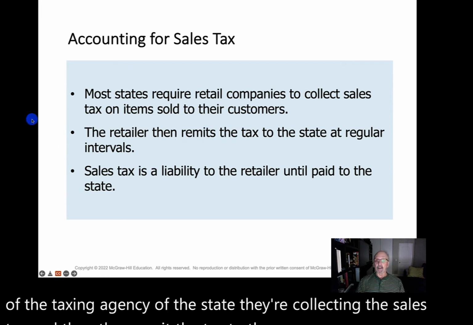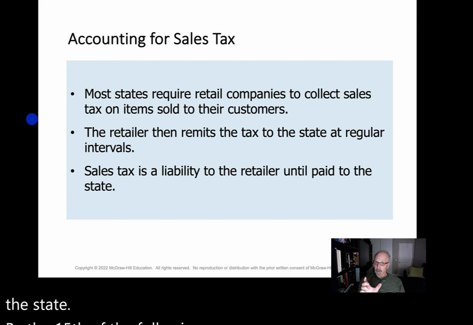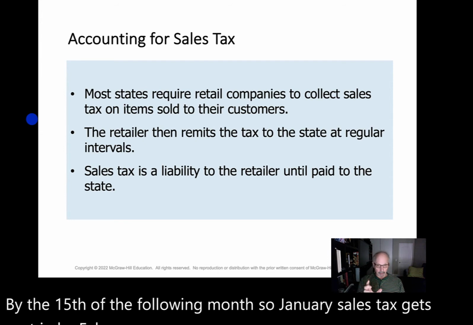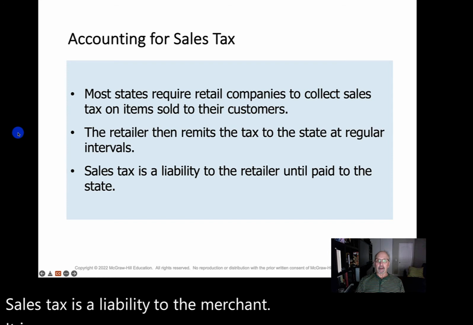In the state of California, the sales tax must be remitted to the state by the 15th of the following month. So January sales tax gets sent in by February 15th, February by March 15th, and so forth. Sales tax is a liability to the merchant. It is not revenue. Companies that use sales tax to pay their own bills are going to get into trouble.